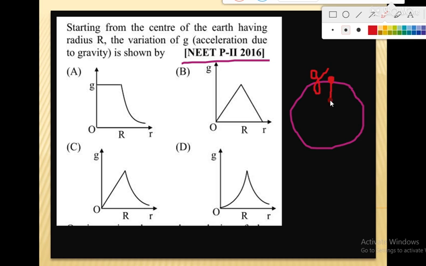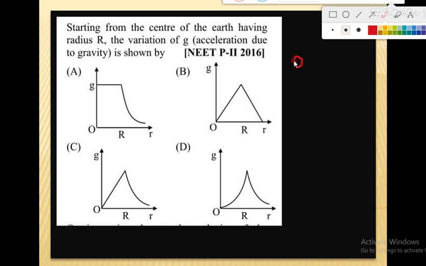If I move inward, then its value will decrease, and if I move outward, that means away from earth, into space, then in both cases the acceleration due to gravity will decrease. So inside the earth, g will depend on the radius of earth. So students, I am writing here the conclusion.